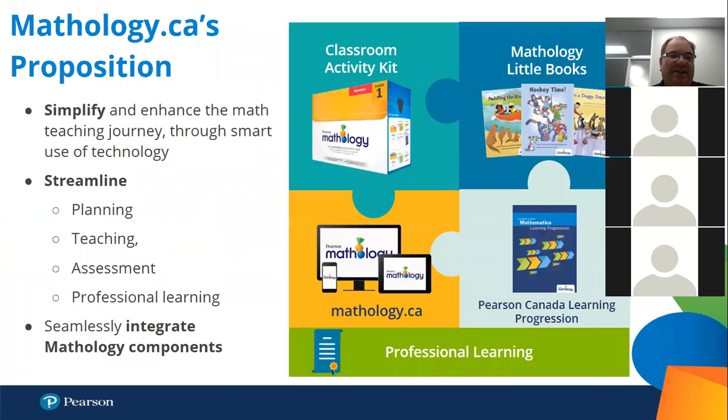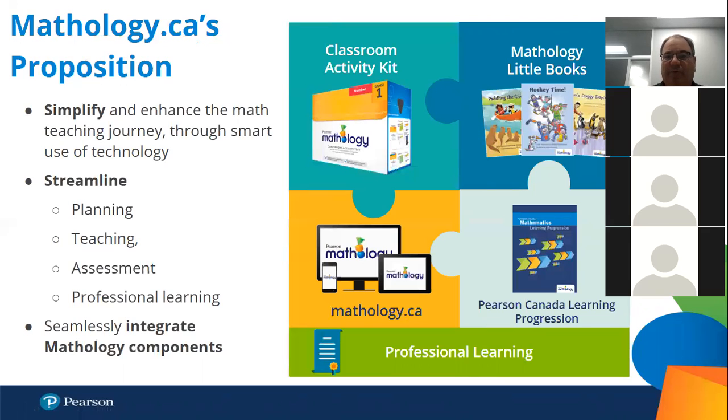Mathology, as I said, is a group of components that work together seamlessly. There's the Mathology activity kit, which some of you may have seen. I'm not sure where everybody is in their Mathology journey at this point. The activity kit is laminated student and teacher activity cards that cover all the strands and all the curriculum from grade 1 at the moment.